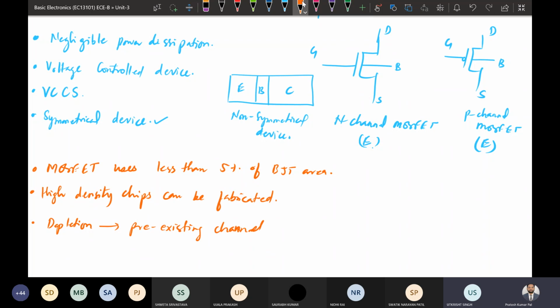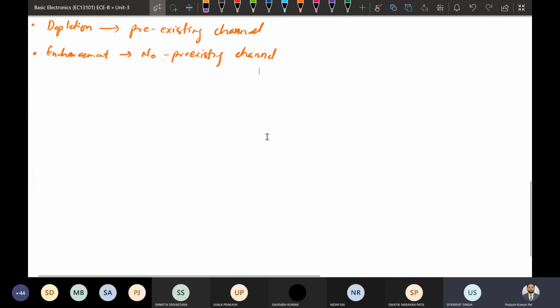And in enhancement, no pre-existing channel. So these are some of the basic components.